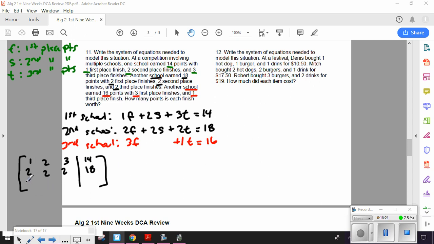And the third one would be 3. And notice I skipped a space because they didn't have any second places. So we got to put a 0 for second place of that third school, and then a 1, and then 16. I did that on purpose so that you could see clearly that something was missing. So whenever something's missing, you have to put a placeholder.